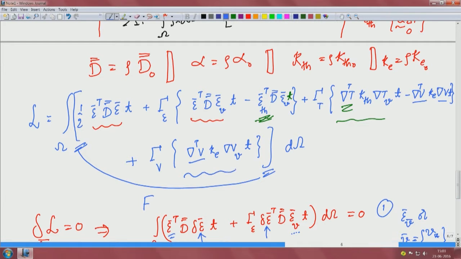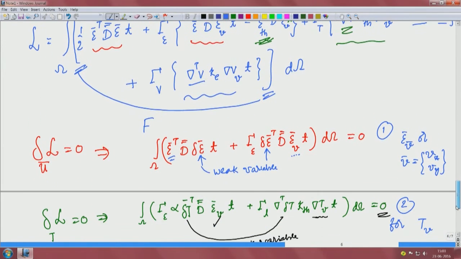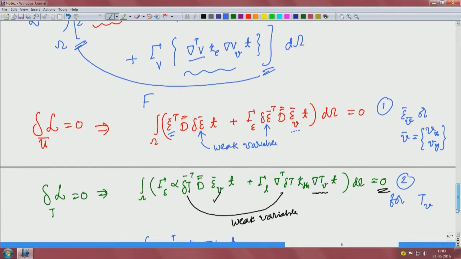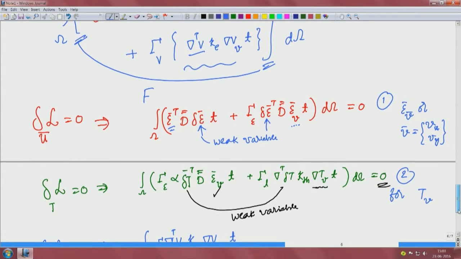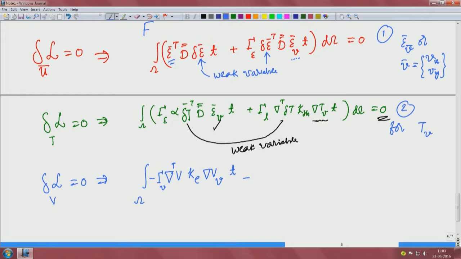The second term is gamma v and then del t del v, and then we will have the rest. So, plus, sorry, this is actually not gamma v, this will be del gamma t, and this will be del transpose del delta v times k.